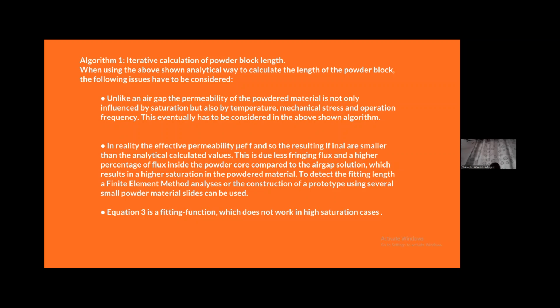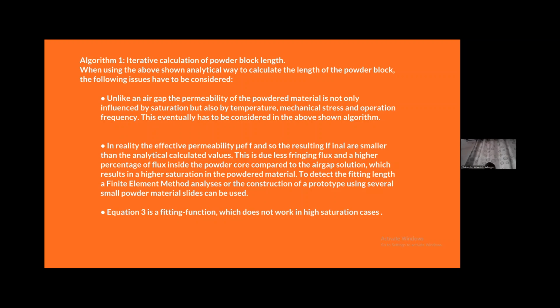This eventually has to be considered in the algorithm that we just saw. And in reality, the effective permeability, mu effective, and so the resulting L final, are smaller than the analytically calculated values.